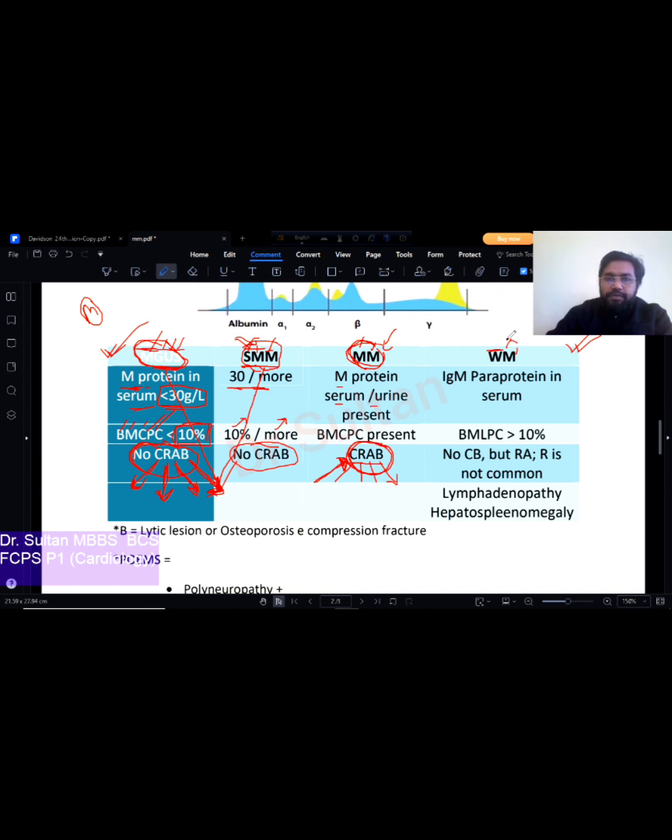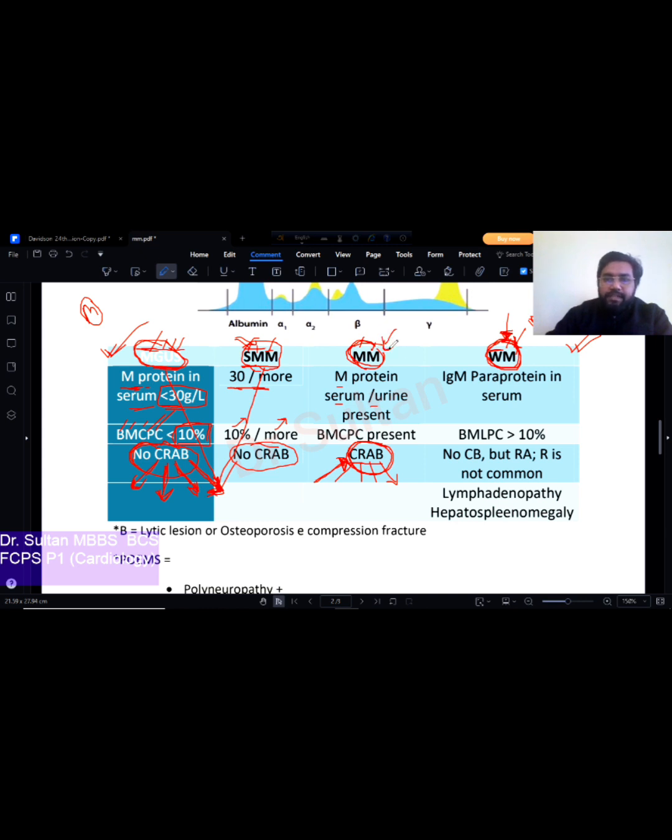Now, the confusing part: Waldenstrom macroglobulinemia. The main feature to differentiate it from multiple myeloma is lymphoid tissue involvement, which is more diagnostic for Waldenstrom macroglobulinemia. There can be anemia as well as some features of hyperviscosity.